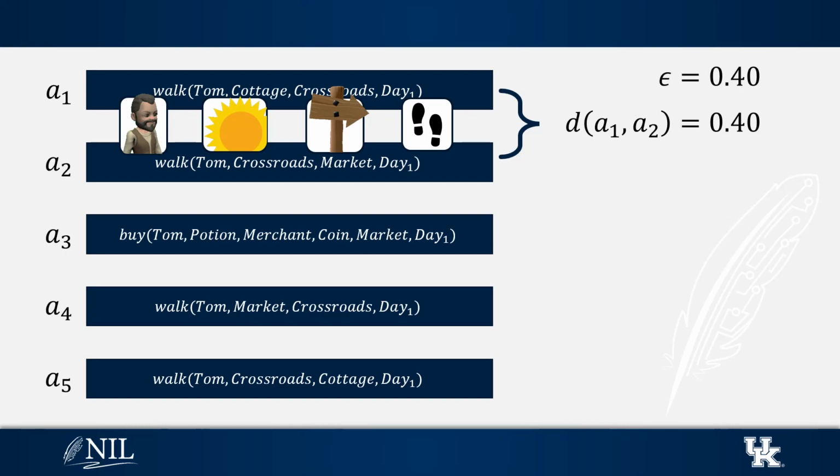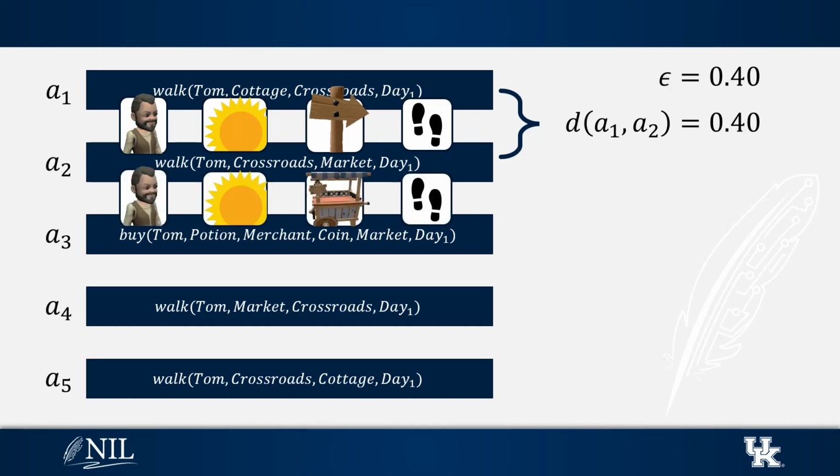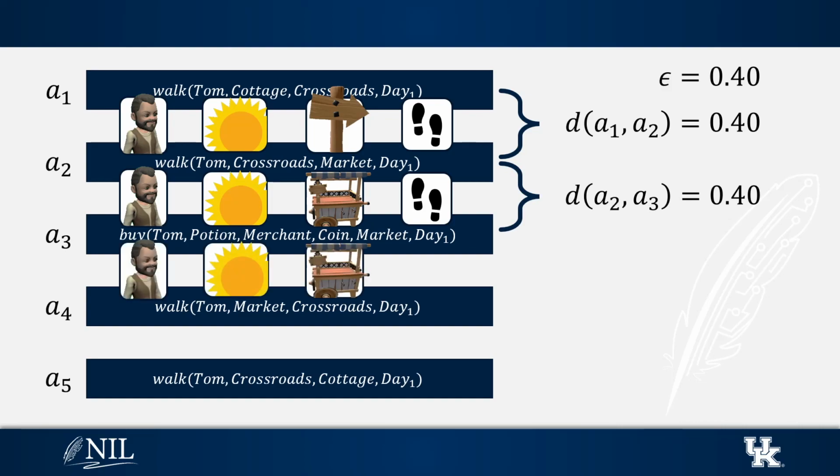The second pair of actions, walking to the market and buying the potion, also has the lowest salience distance. They share a character, a time frame, and a place, and one enables the other, so they also have a salience distance of 0.4. Actions 3 and 4 have a slightly larger salience distance. They both involve Tom and day 1 and the market, but they have no causal connection.